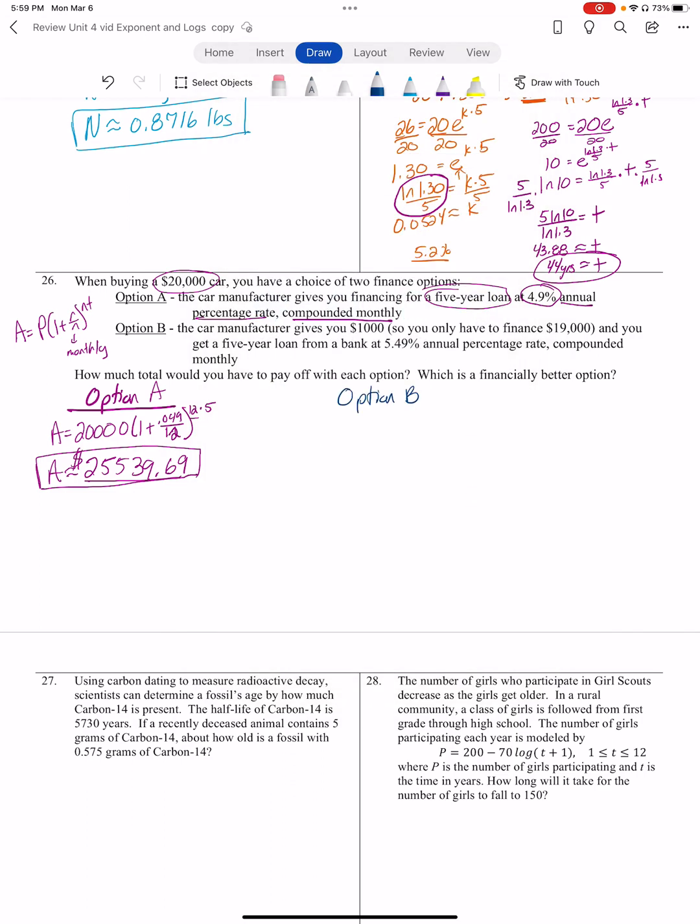They knock off $1,000, so instead you're paying 19,000. Everything else is pretty much the same besides your rate, which is 0.0549 over 12, to the 12 times 5 power.